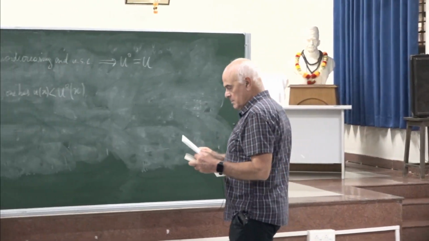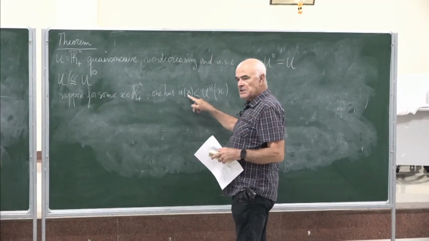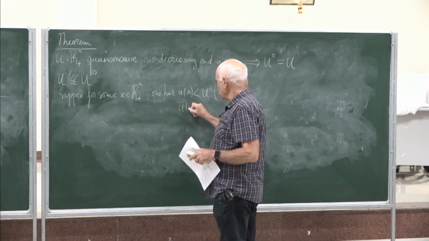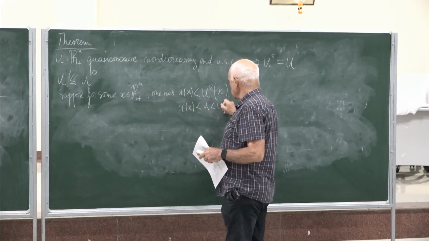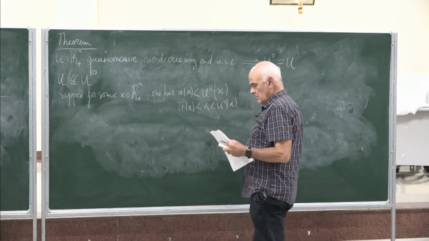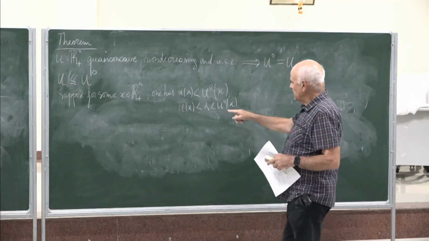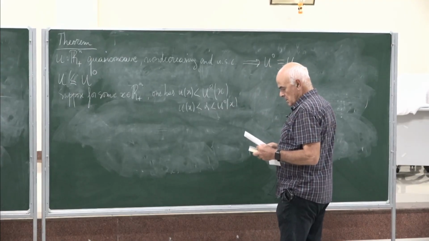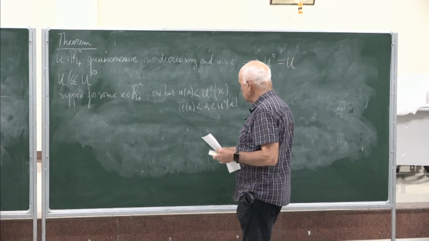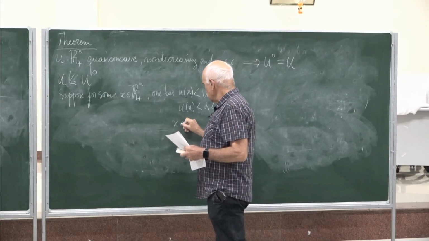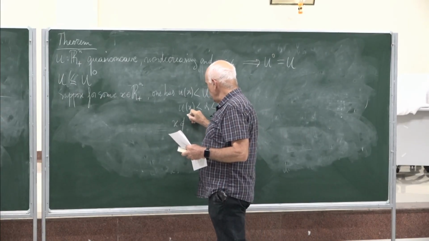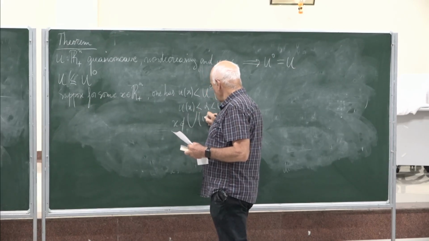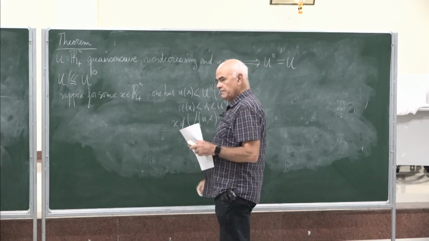And then take an intermediate alpha between these two numbers. Then the first inequality is saying that x does not belong to the upper level set of u corresponding to alpha.